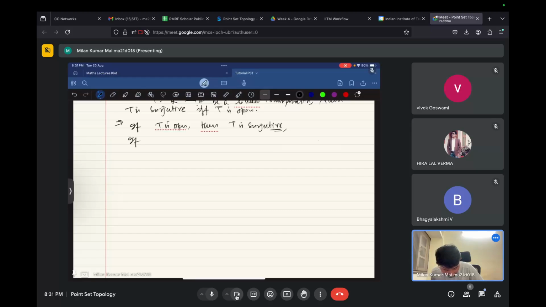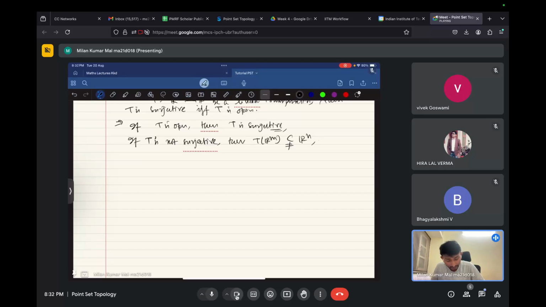If T is not surjective, then T of R to the power n is a proper subspace of R to the power n.